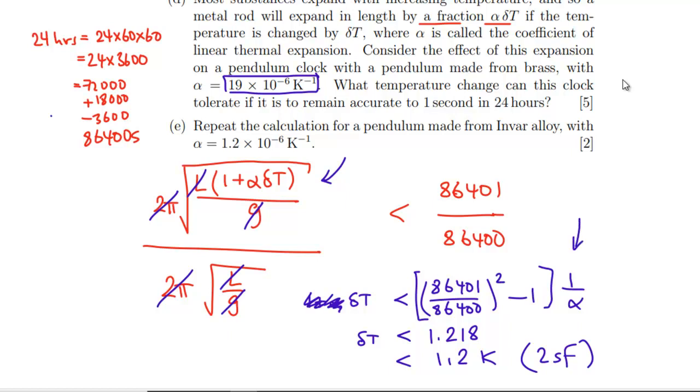You can just leave all of that there and change that value of alpha at the end to get another 2 marks. So for E, delta T has to be less than 19.3, so less than 19 Kelvin to two significant figures. That is a big difference.